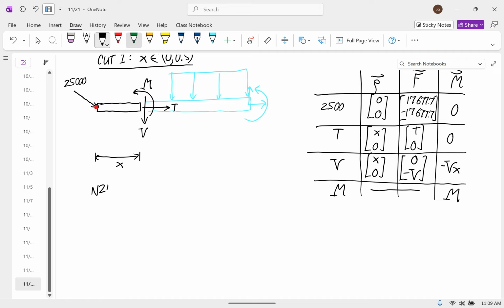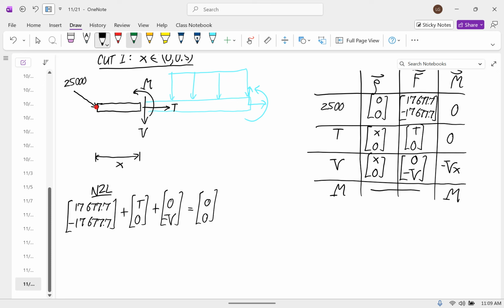And so Newton's second law says 17,677, negative 17,677, plus T, 0, plus 0, negative V is equal to zeros. So T is equal to negative 17,677. V is equal to negative 17,677.